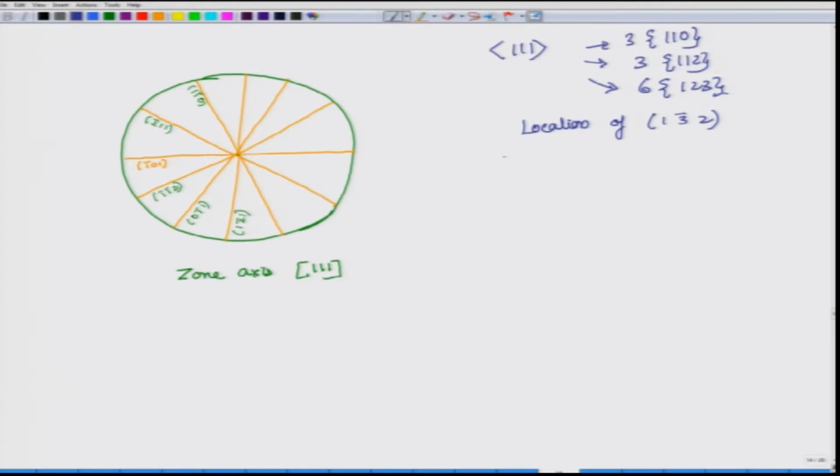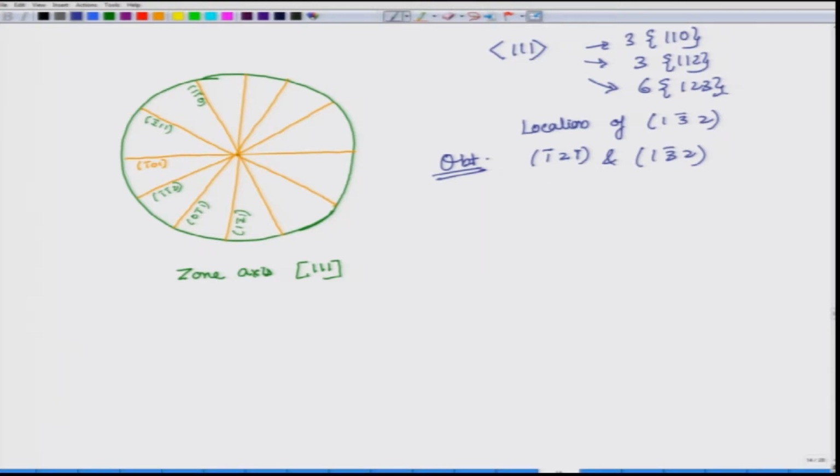Let us take one particular plane, the negative of this one, bar 1 2 bar 1. This is the direction for bar 1 2 bar 1, and this is the orientation for 1 bar 2 1. Now we are interested in finding the angle theta between bar 1 2 1 and 1 bar 3 2.